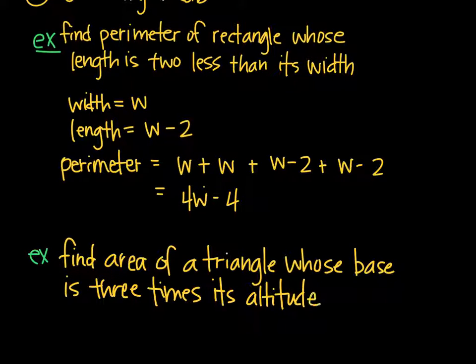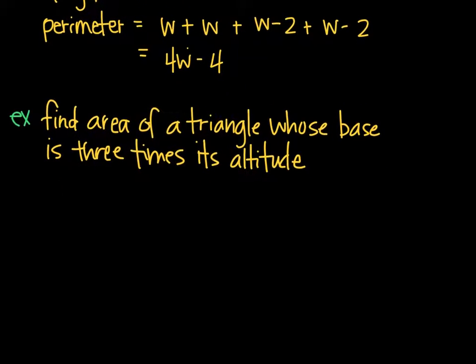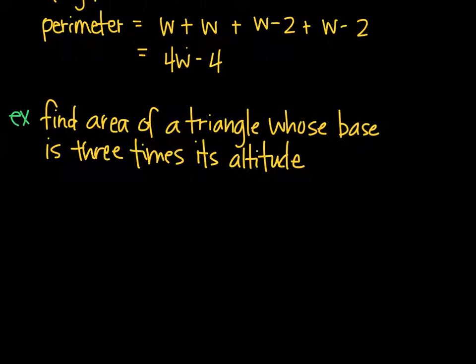And altitude is another geometry word that actually means what? Do you remember what altitude means? It does. It means height. And so altitude is another word, a synonym for height. So find the area of a triangle whose base is 3 times its altitude.